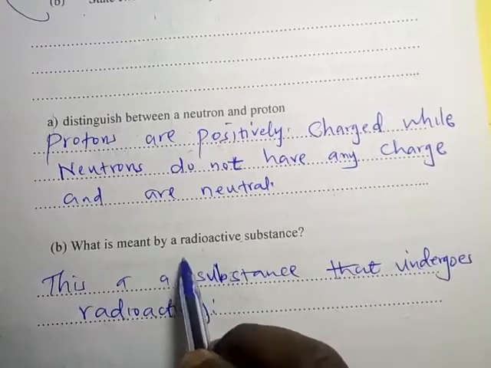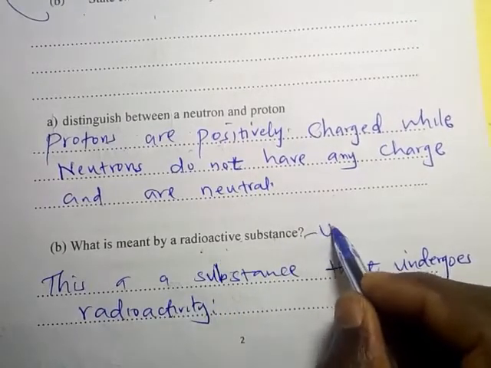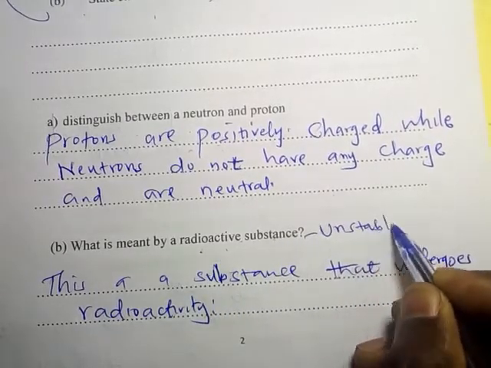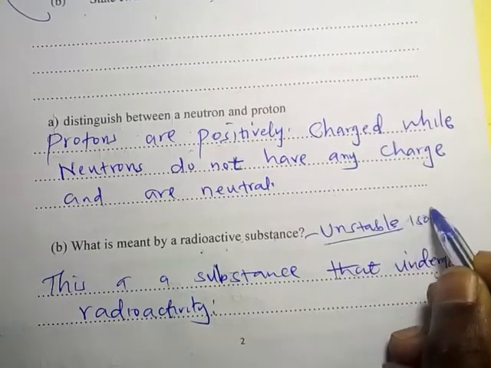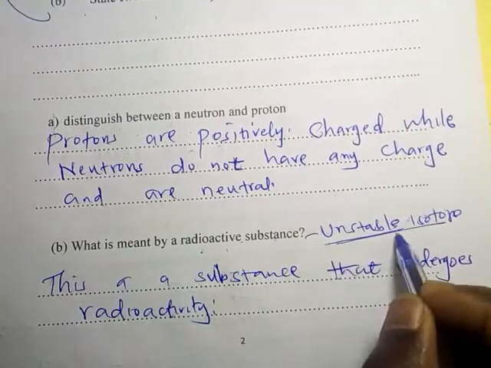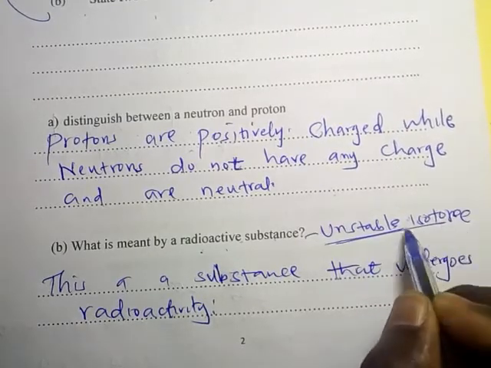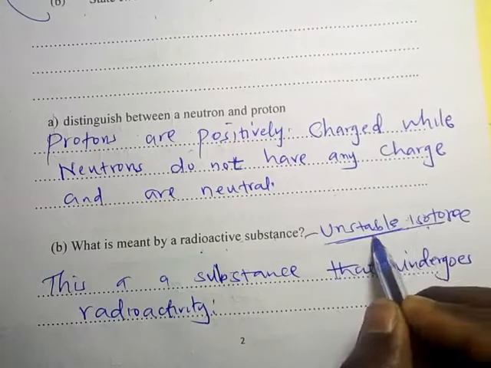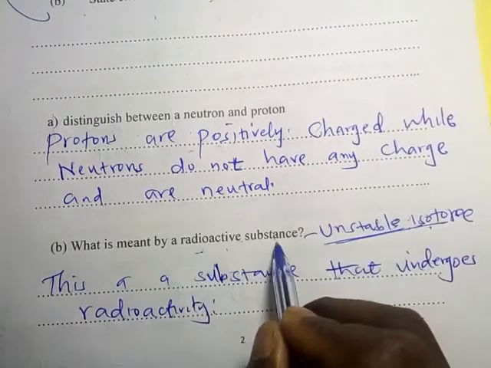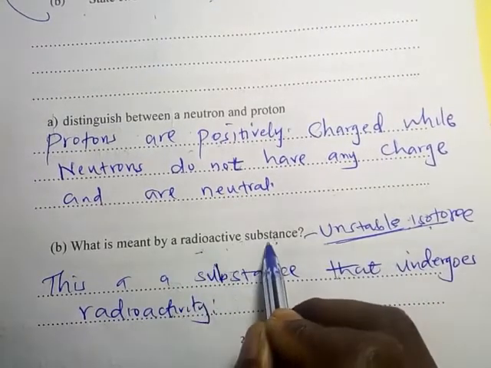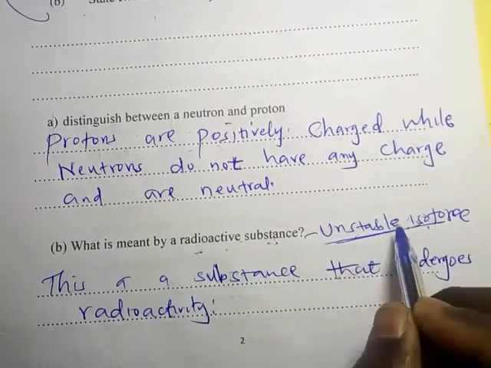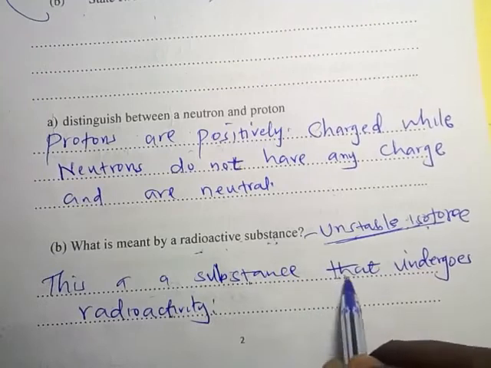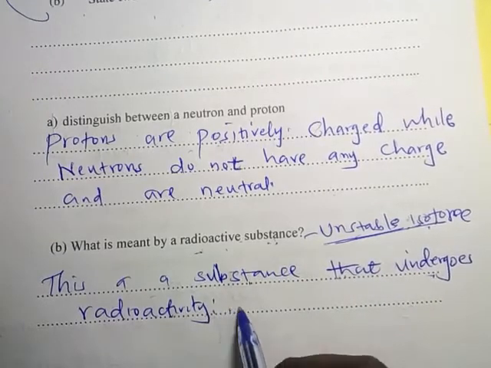In other words, a radioactive substance is an unstable nuclide or isotope. An unstable isotope is able to undergo radioactivity because it is unstable, therefore it is radioactive. So a radioactive substance is an unstable isotope which is ready to undergo radioactivity.